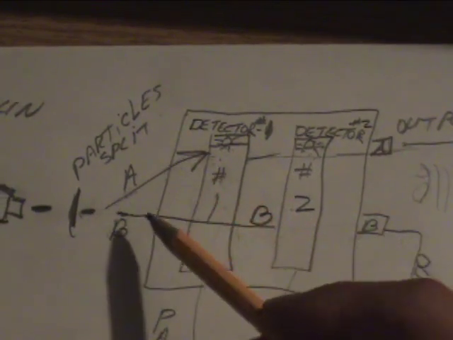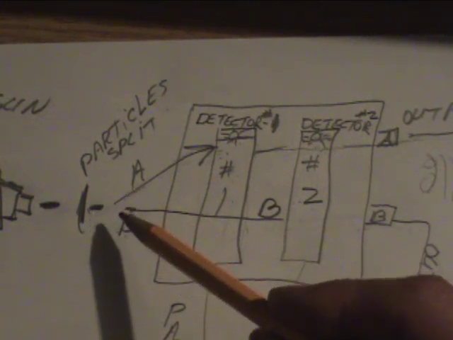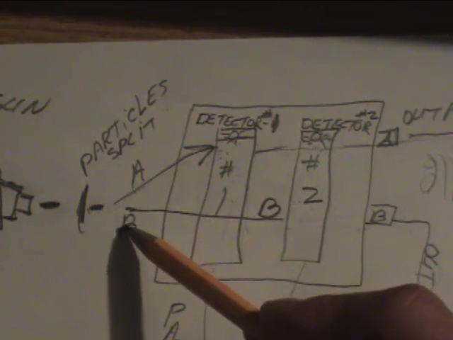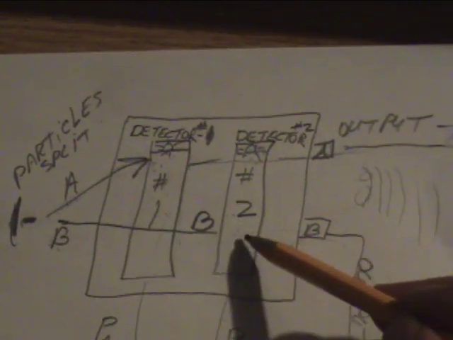As you can see here, you have particle B. Particle B took a different route. Particle B was split, goes towards slit number 2.